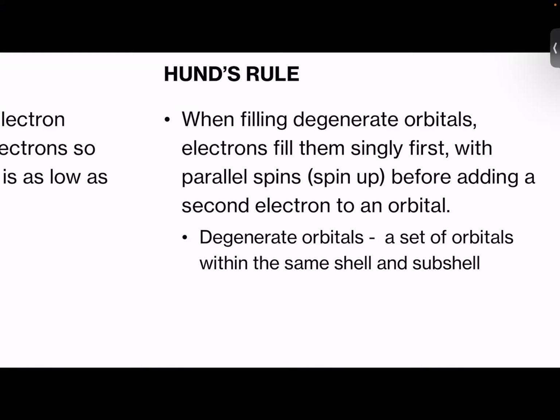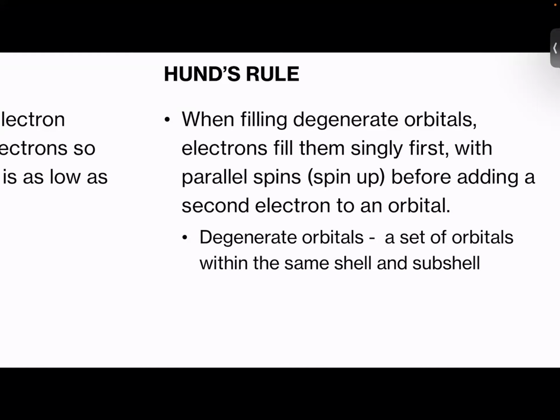So we need to define what a degenerate orbital is. Basically, it is a subshell that has more than one orbital. From our quantum mechanics, what that means is it is an l value that has more than one m sub l. So basically, that's everything but s.